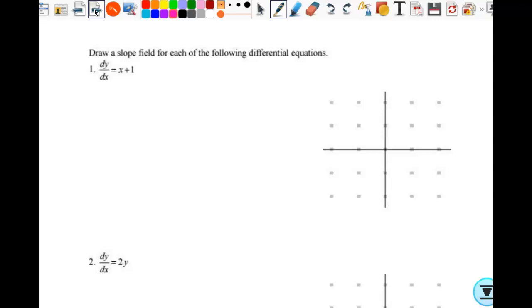See if you figure out a way to do it quickly. See, look at that. It won't take you as long as you thought, right?